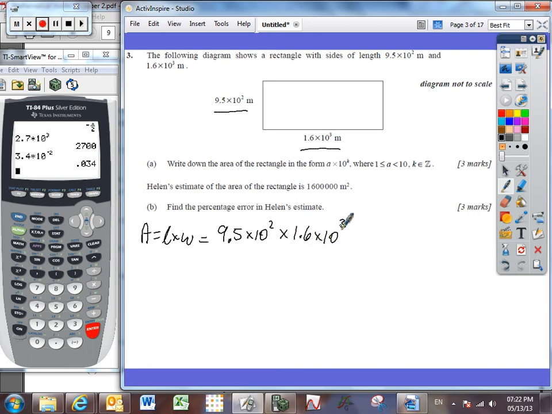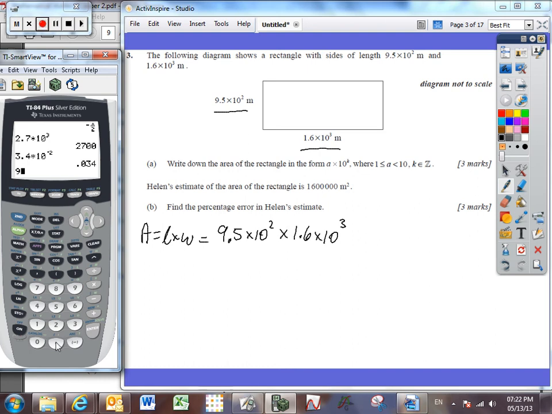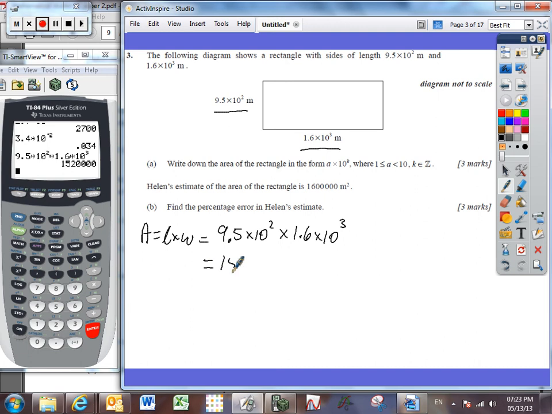So let's put this into the calculator. 9.5 times 10 to the power of 2, and multiply it by the width, which is 1.6 times 10 to the power of 3. And that gives me 1,520,000.